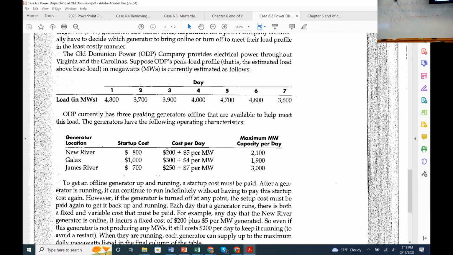What is a good value to use for the big M? We might as well just make it the maximum generating capacity of plant I, because we would otherwise need to have the constraint Xij less than or equal to the capacity of plant I. We've got that constraint anyhow.